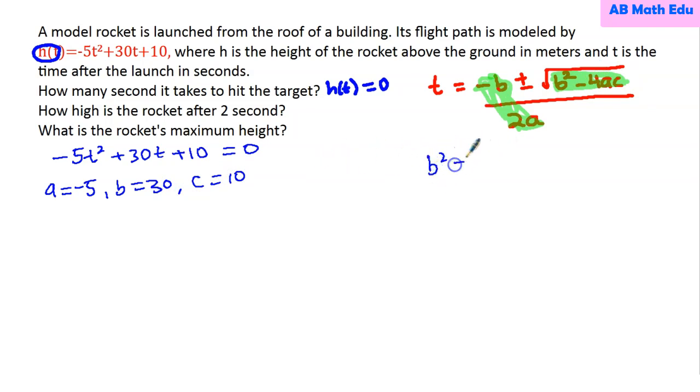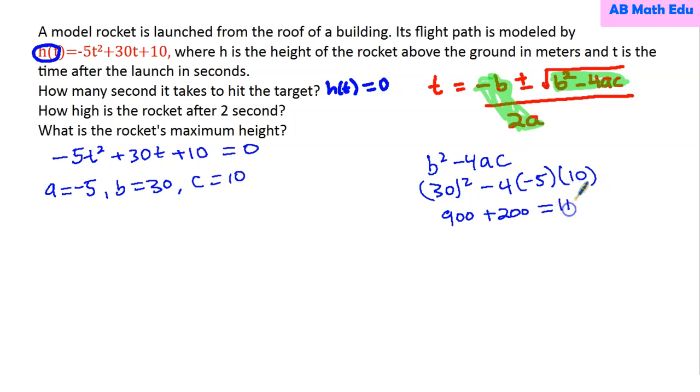So b squared minus 4ac is going to be 30 all squared minus 4 times negative 5 times 10. See, they are all together, so they are multiplying. We get 900. Negative, negative becomes positive. So 4 times 5 is 20, and 20 times 10 is 200. When we put it all together, we get 1100.